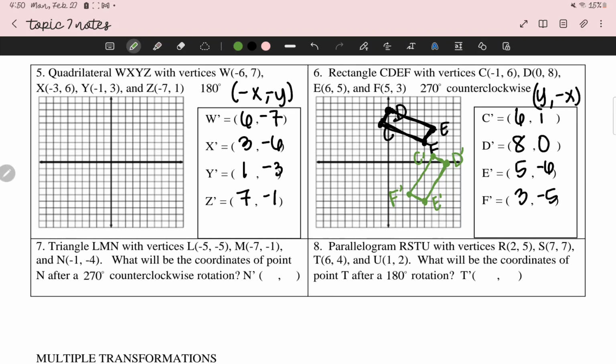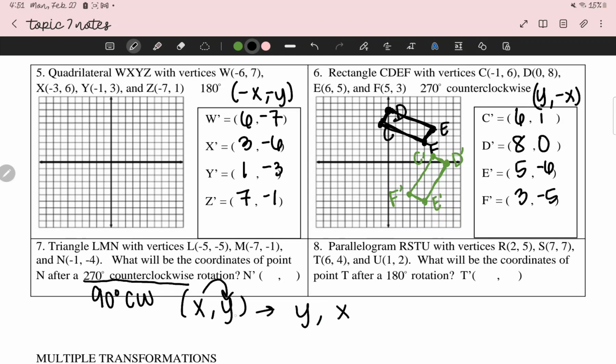All right, and our final one, I need to know what the counterclockwise is going to be again, and this is where the practice is going to come in, or you can just go back to the rules. So 270 degrees counterclockwise, I know it's the same as 90 clockwise. So I've got X, Y. I go ahead and change it one time clockwise. So I'm going to swap Y comma X, and whatever second needs to be its opposite. So Y comma negative X, and it matches.